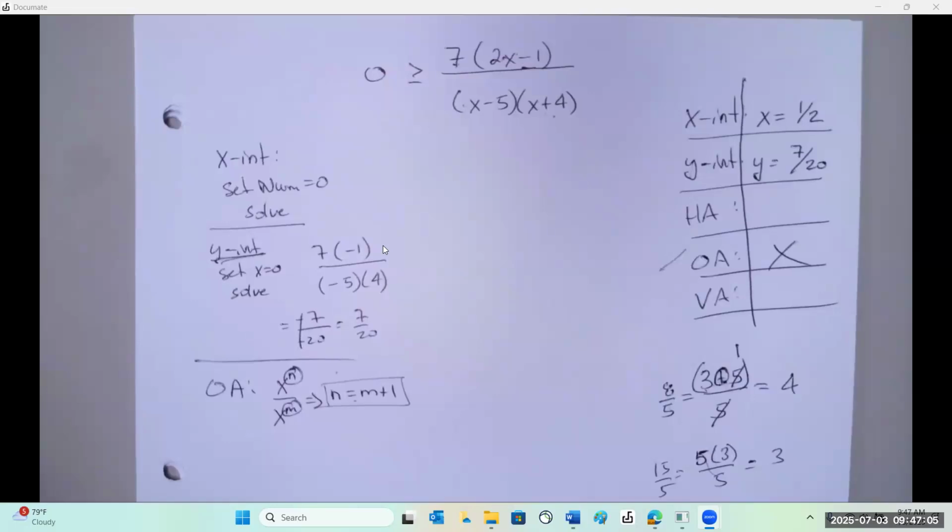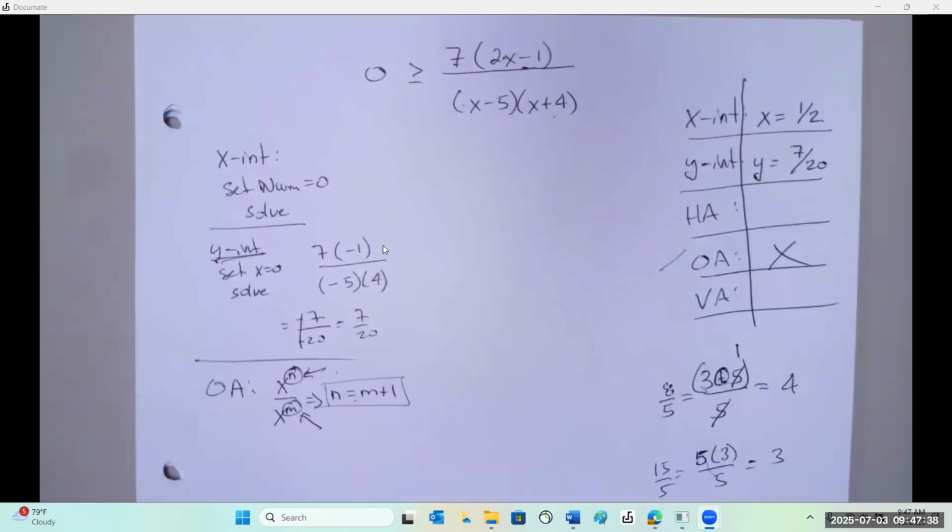If n is bigger than m, what does that mean? What is n? What is m? N is the numerator degree, m is the denominator degree.